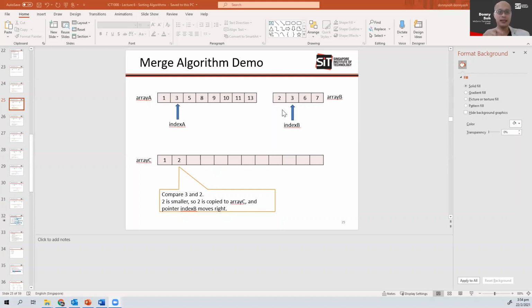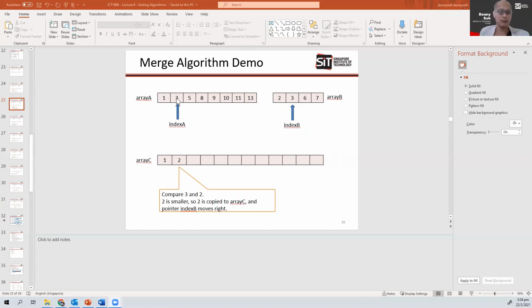What we mean by stable is that if this tree comes first in my original unsorted array, I want it to come first again in my final sorted array. If this tree comes second in my unsorted array, and there are two trees there, I want them to come in again second in my sorted array. That is the definition of a stable algorithm.